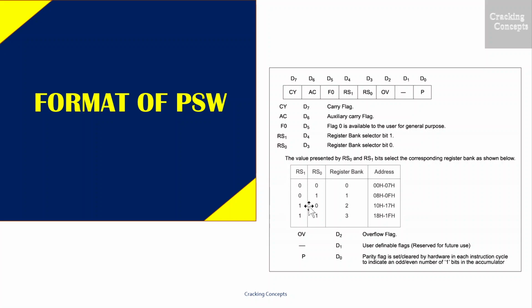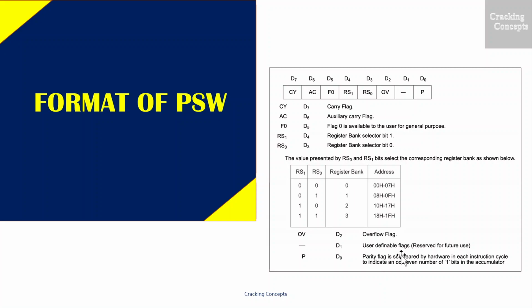When RS1 is 1 and RS0 is 0, register bank 2 is selected and the address range is from 10H to 17H. And when both RS1 and RS0 are 1, the register bank 3 is selected, whose address range is from 18H to 1FH. The bit D2 contains the overflow flag.